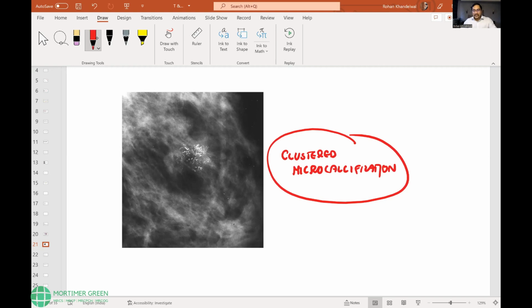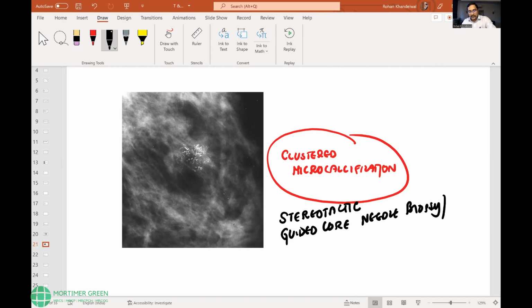No. So that is what I want to highlight. So here, this will be a stereotactic guided core needle biopsy, or an MR guided core needle biopsy, right?